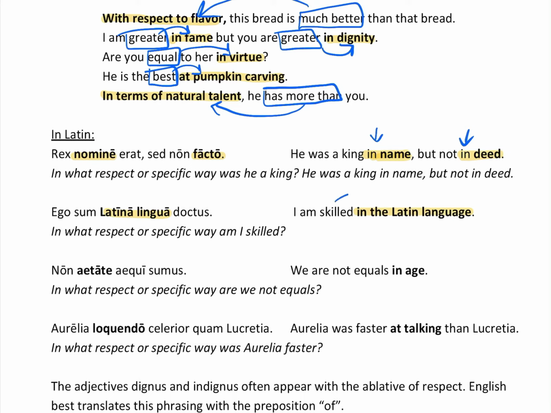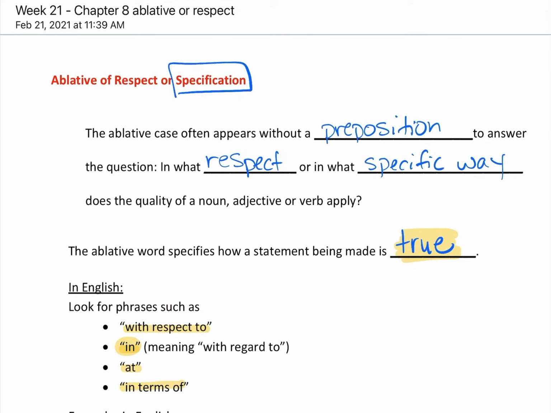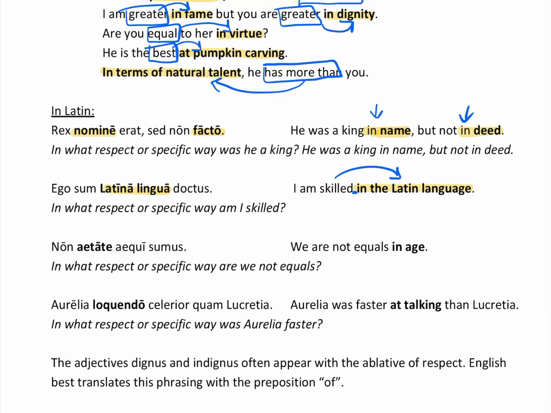So here we have the verb, and it's telling us why the verb is true, or how the verb is true, or in what manner or respect, or specifically, how is the verb true? I am skilled. Well, if I just put a period there, I'm only saying I'm skilled, but I'm giving you more specifics, right? I'm giving you specification in which way I am skilled. So don't let these words respect and specification throw you.